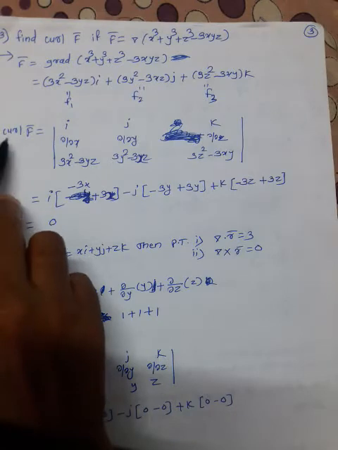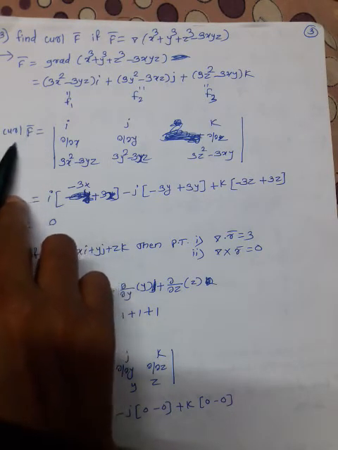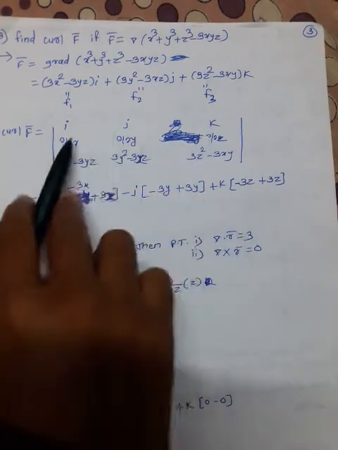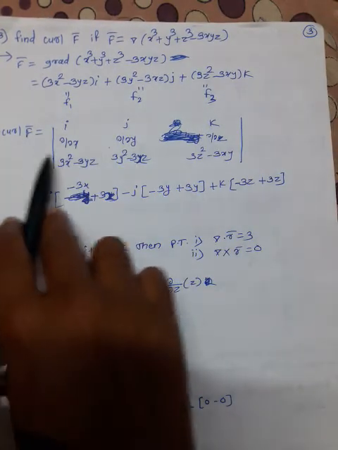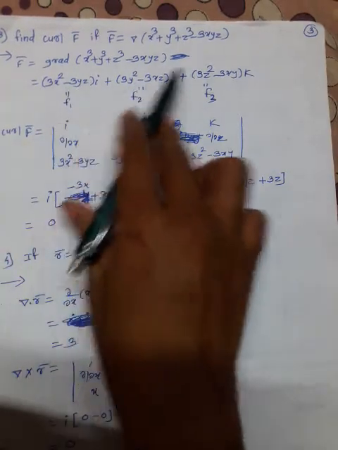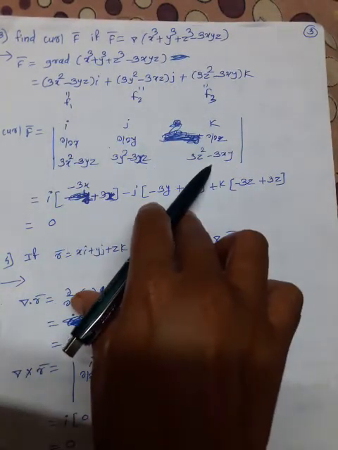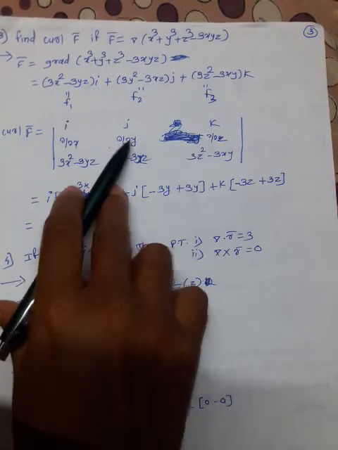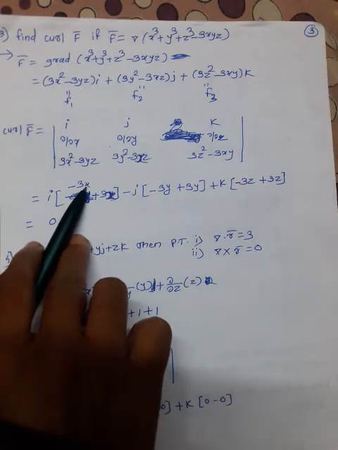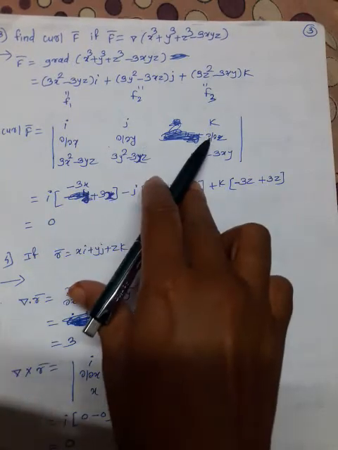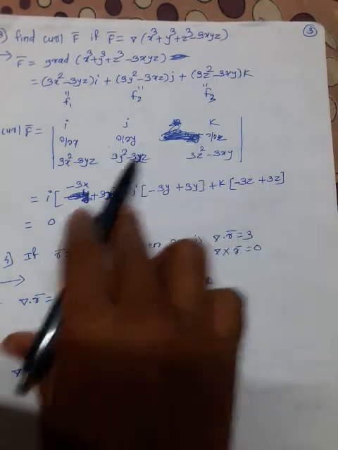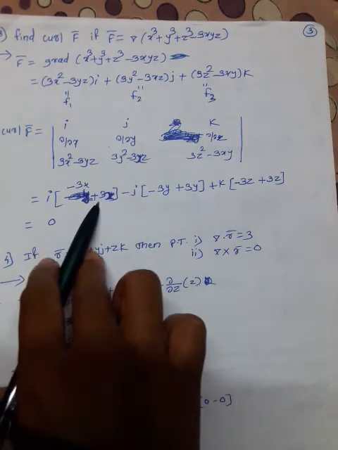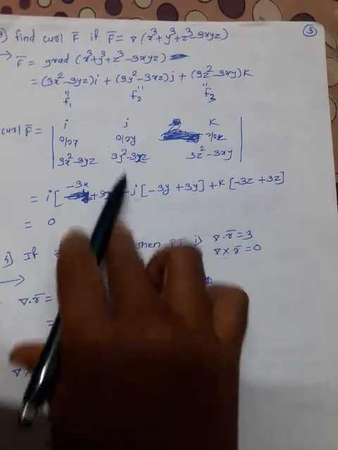Now curl of f bar means del cross f bar. The first row is i j k, the second row is the derivative row; these two rows are fixed for curl. The third row is the coefficients of f bar: f1, f2, f3. Now solving this, i into the derivative of this with respect to y is minus 3x, cross this derivative with respect to z, which is minus 3x, and the minus sign makes it plus.